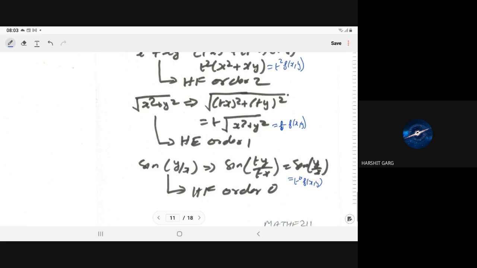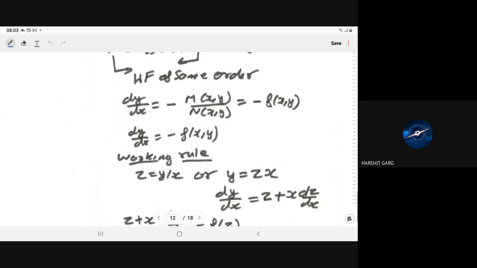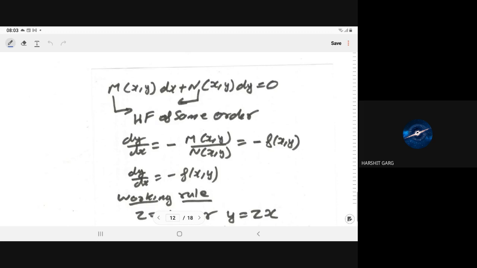Now if we have the homogeneous equation of the form M(x, y) dx plus N(x, y) dy, here M and N are homogeneous functions of the variables x, y.